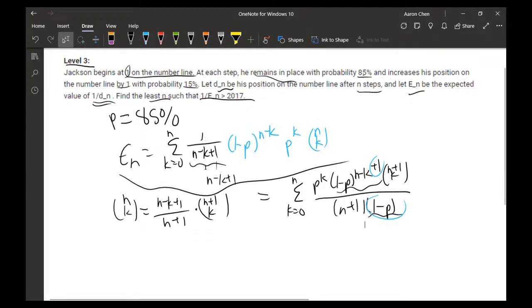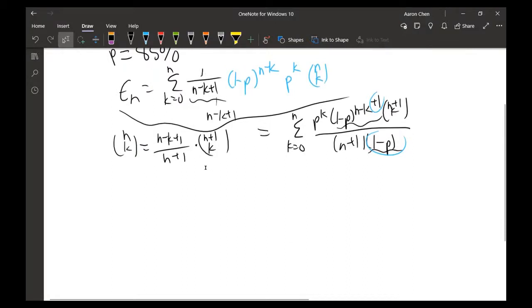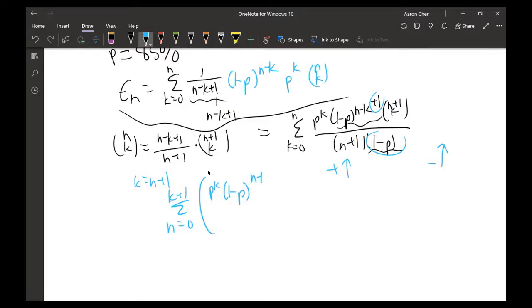Next, we can add an additional case where k equals n plus 1. We add it in here and then subtract it out here. The result is that the sum from k equals 0 to n plus 1 is equal to p to the k times 1 minus p to the power of n minus k plus 1 times n plus 1 choose k, divided by 1 minus p times n plus 1.